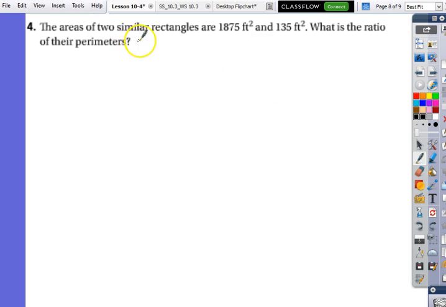So if I tell you the areas of two similar rectangles are this and this, what is the ratio of their perimeters? Now notice that they have larger to smaller here. That's fine. You can still set up the ratio any way you want to. So the area ratio is going to equal 1875 over 135.